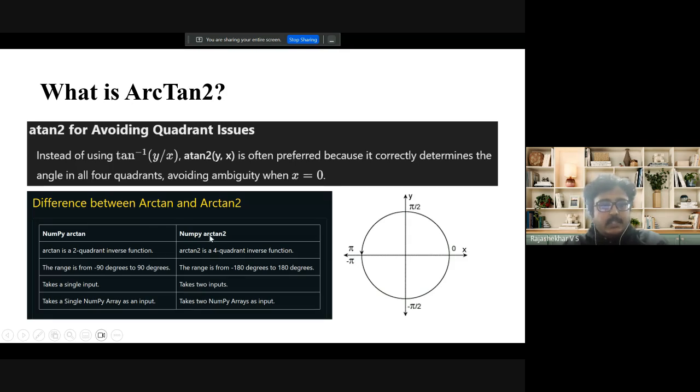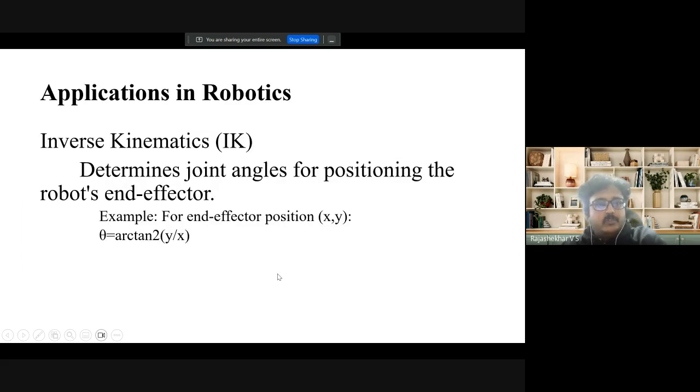But for arctan2, it is from minus 180, the whole circle, to plus 180. Arctan takes only a single input, but arctan2 takes two inputs, two numpy arrays as input. So that is the difference between these two.